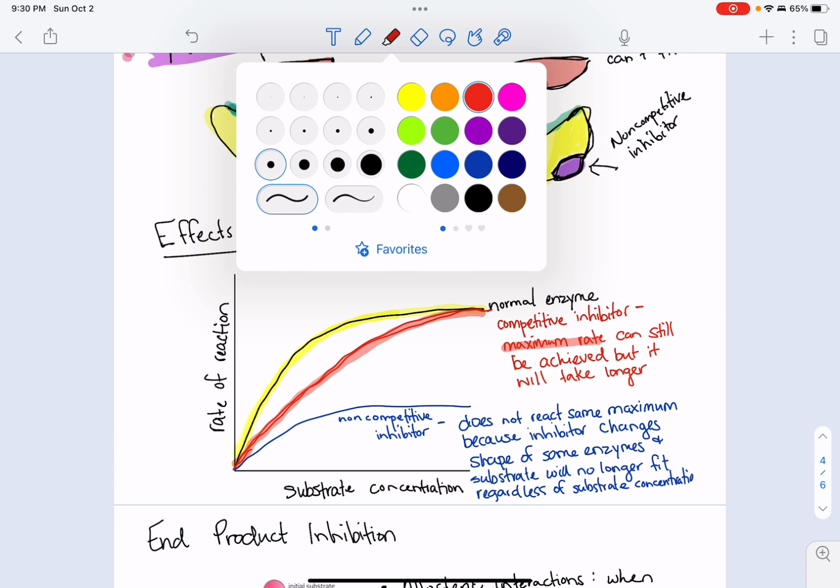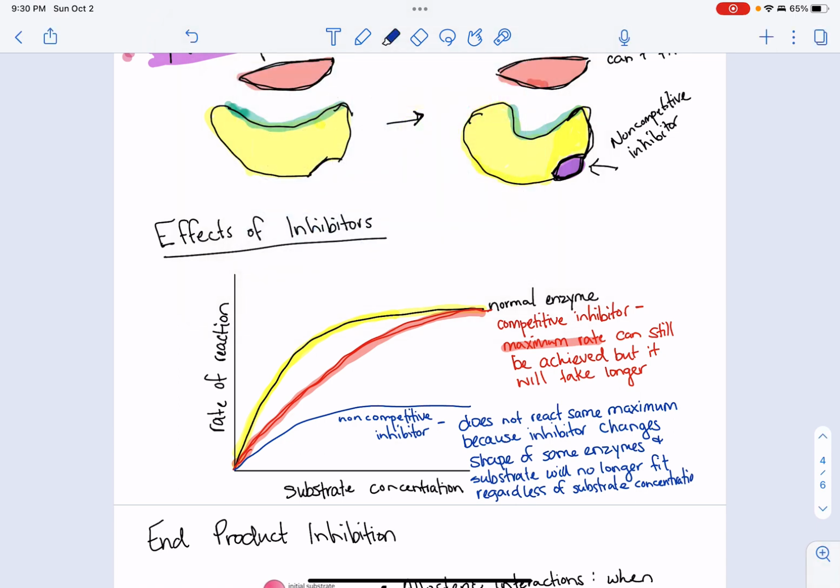However, with a non-competitive inhibitor, the maximum rate of the reaction actually changes and decreases. So it does not reach the same maximum, because what happens is the inhibitor is going to change the shape of some of the enzymes, and so the substrate can no longer fit into the enzyme regardless of how much substrate concentration there is.